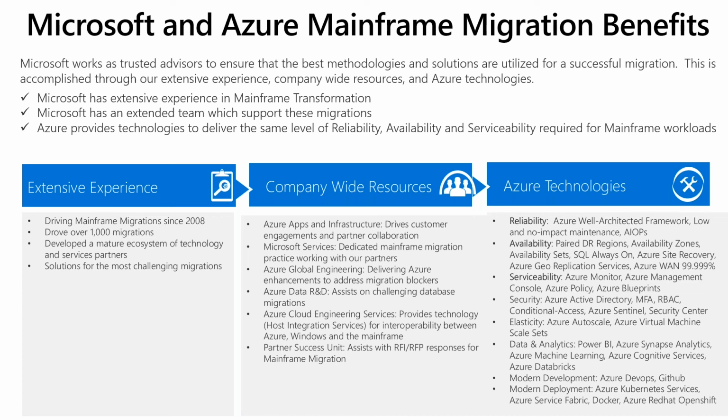We've got an extended team across the company, both myself in Azure Apps and Infrastructure, Larry with the Azure Global Engineering team, and also an extensive set of resources in Azure Data R&D. As Larry mentioned, in our Azure Cloud Engineering services we have a mainframe here at Microsoft used for testing interoperability using our Host Integration Server technology.